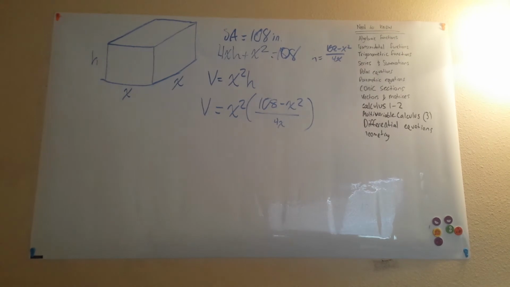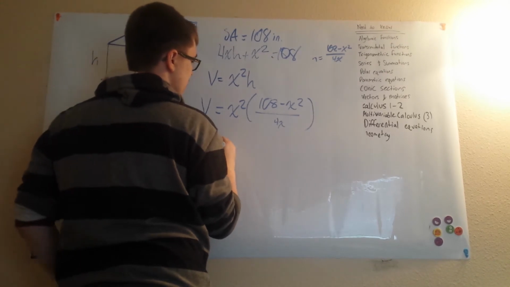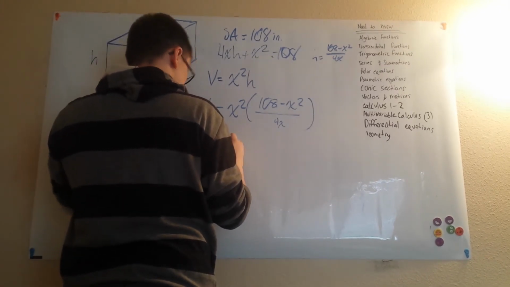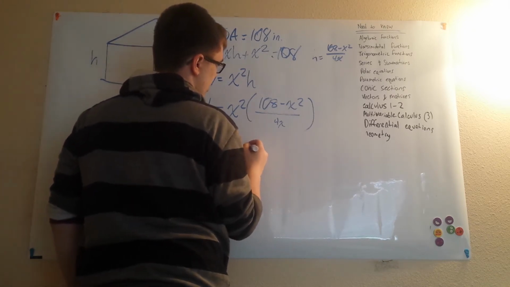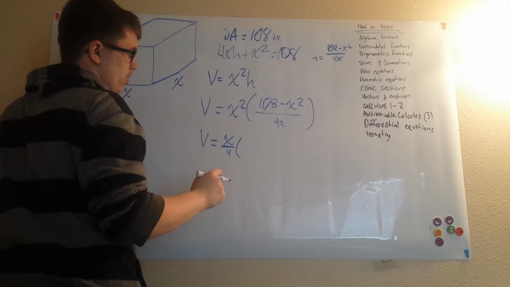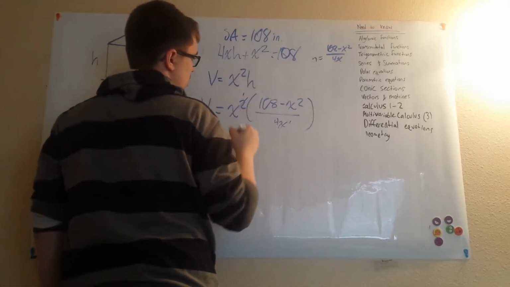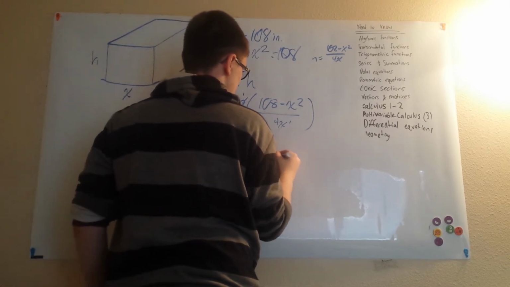There you go. So now, okay, we can simplify this. V equals x over 4, because the x squared cancels out, times 108 minus x squared.